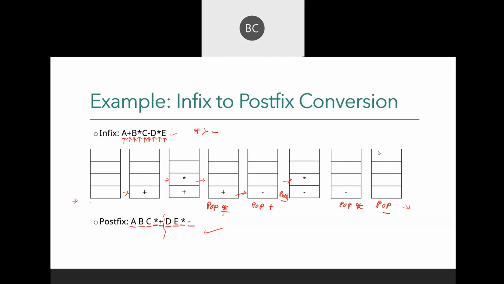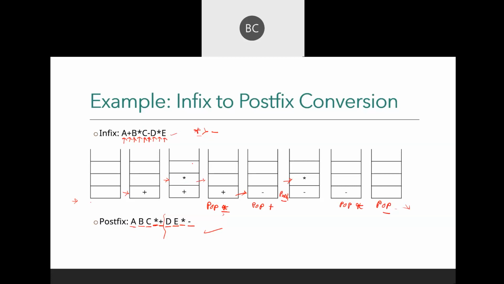Yes, correct. Whenever you find a symbol here, you also have to compare it with the top element. If the top element has higher precedence over the symbol you are reading currently, then you will pop that out and put it in the result section. Here star has higher precedence over minus.